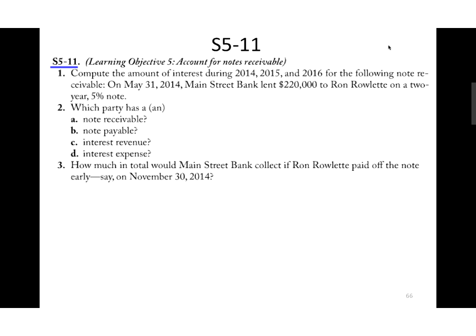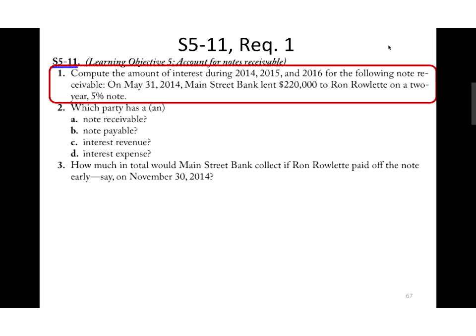So we have to compute the amount of interest during 2014, 2015, and 2016. The note was made on May 31st, 2014. So this note goes for 2 years, so it's going to go into 2016. So requirement 1 is to compute the amount of interest during each of those 3 years for this note.